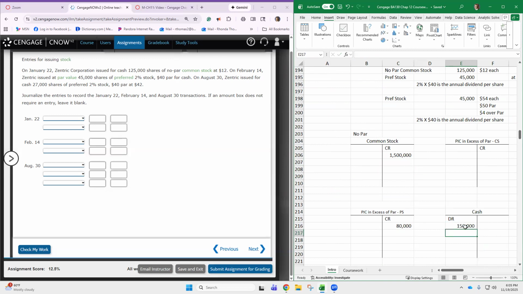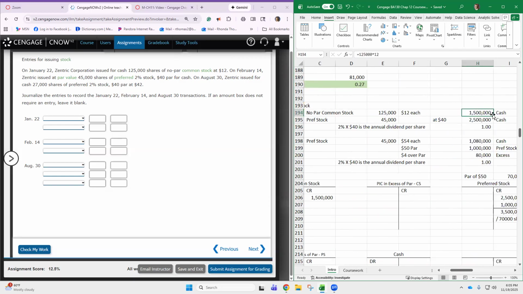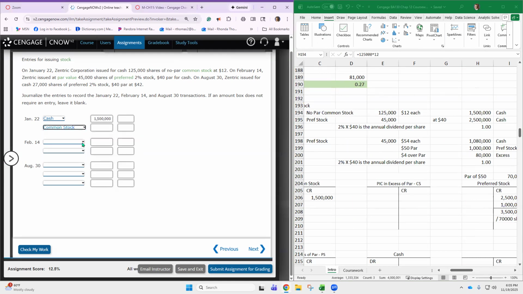Okay, so that is going to be the first entry to sell those common stock that had no par at all, but we sold them for $12 a piece. And once again, 12 times 125,000 shares is cash of 1,500,000. So we're going to put cash coming in for selling that stock of 1,500,000, and we're going to put it in common stock.